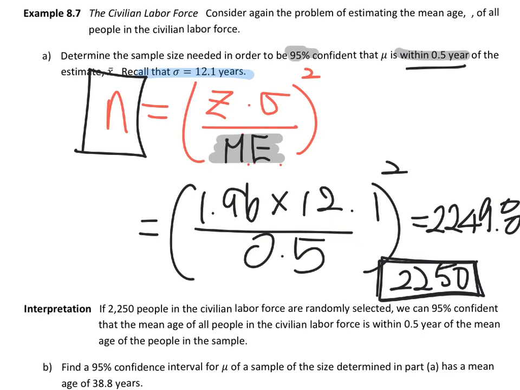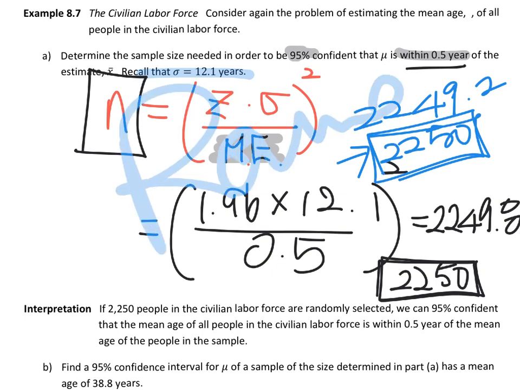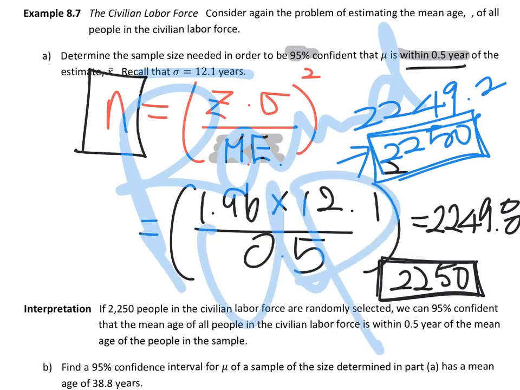If you take 2249.2, how many will it be? 2249? I'm sorry, no, 2250. Always round up. Please, round up.